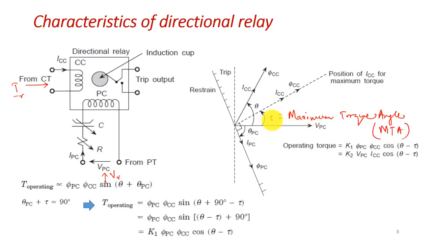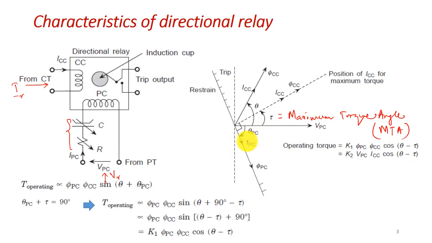This angle can be adjusted using two variable parameters: one is variable capacitance and the other is variable resistance. By adjusting these two, we can adjust theta PC.